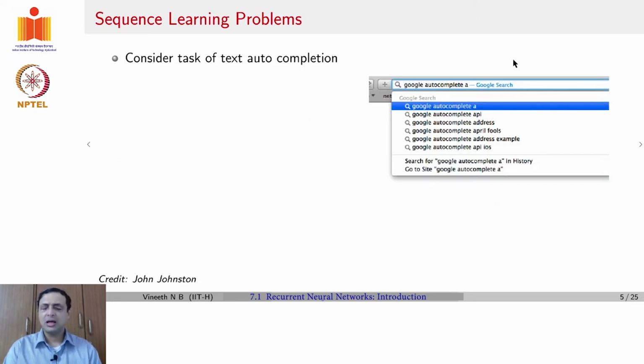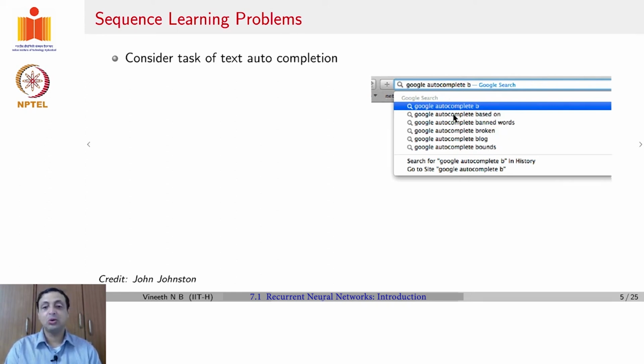However, there is another category of problems known as sequence learning problems, which require something more than what we've seen so far. Take the example of text auto-completion, something that you perhaps encounter on a daily basis. If we said Google autocomplete A, you have a certain set of recommendations.